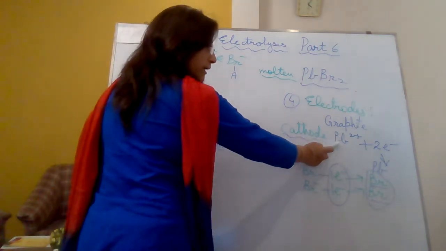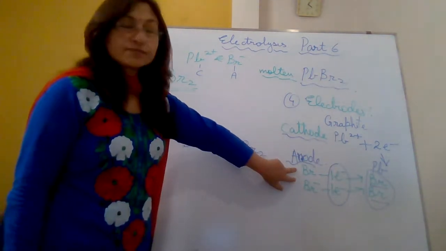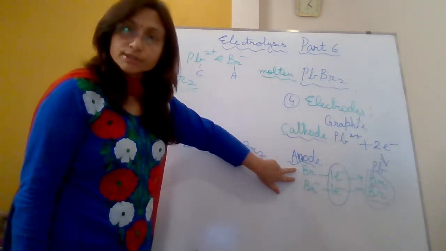The cation will be discharged by reduction and the anions will be discharged by oxidation.